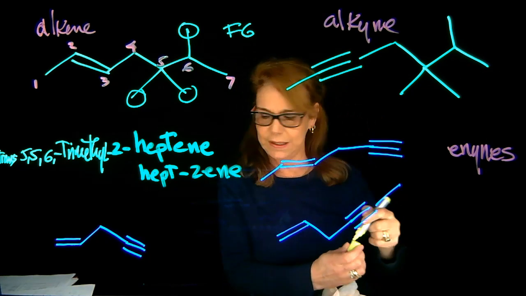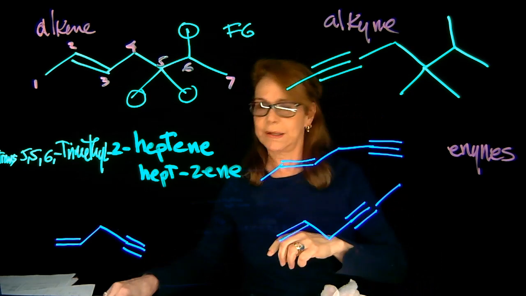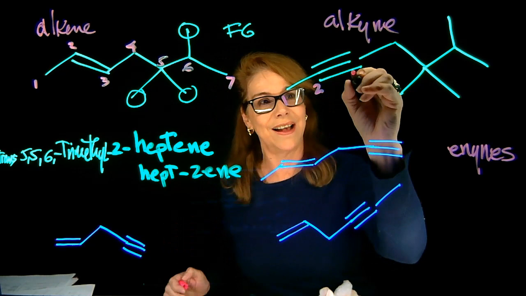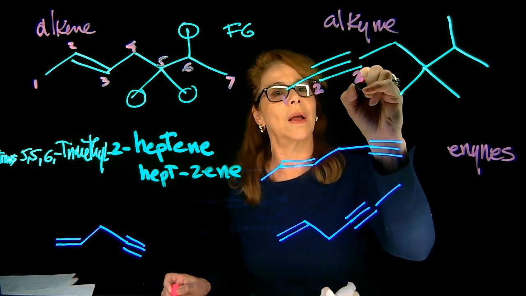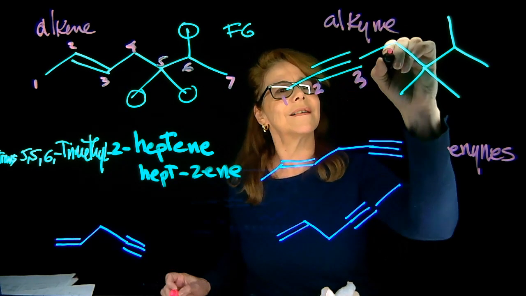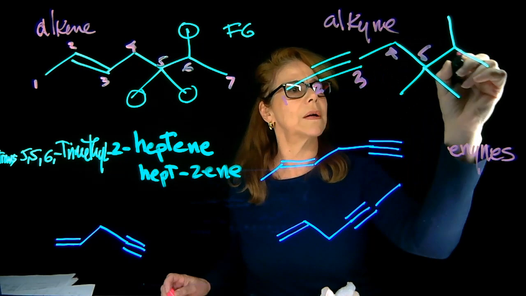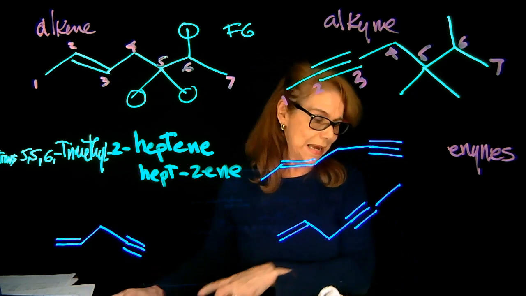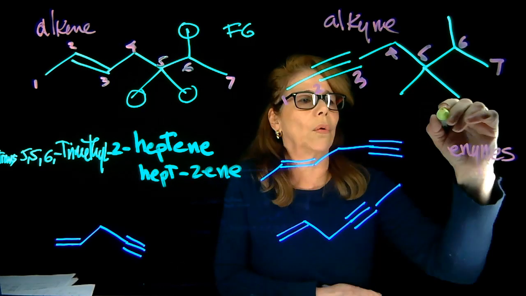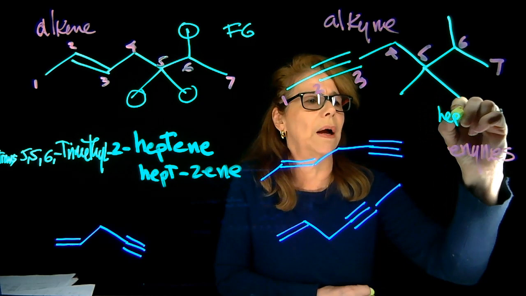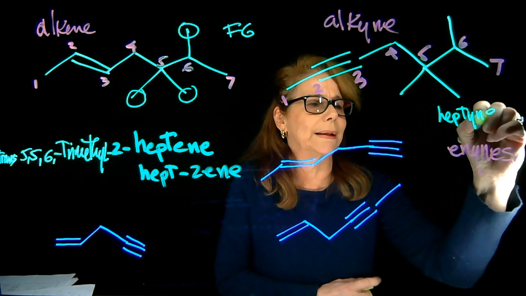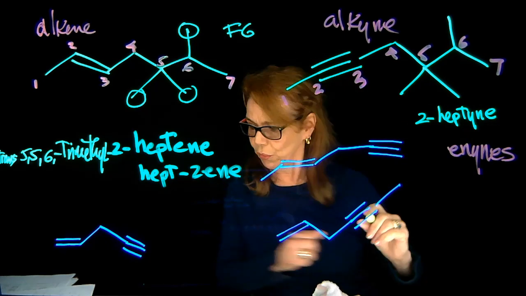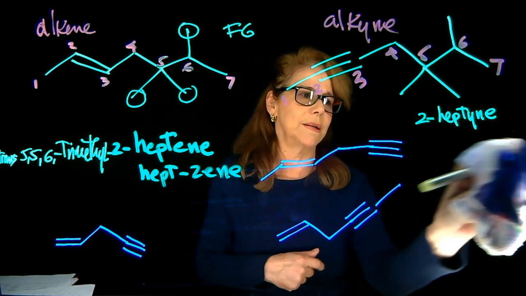So let's do that for that alkyne. 1, 2, that's an sp carbon, and that's 3, 4, 5, 6, and 7. This time it is a heptyne. So hept again, heptyne. And for an alkyne, you can say 2-heptyne or hept-2-yne. Either way works. Let me erase that name under there.